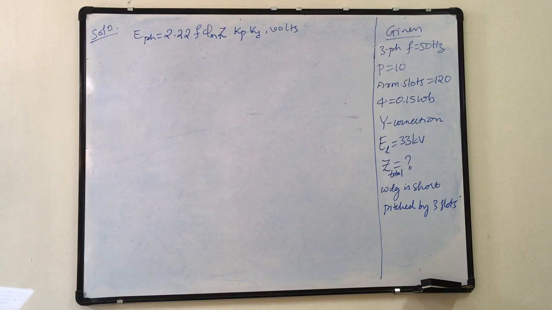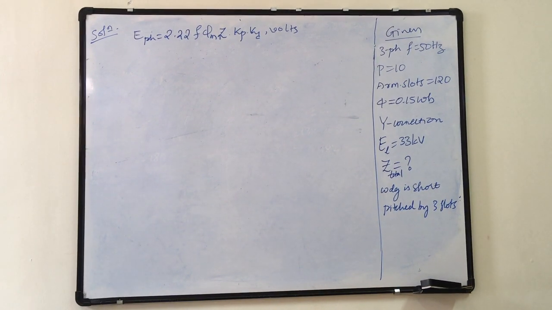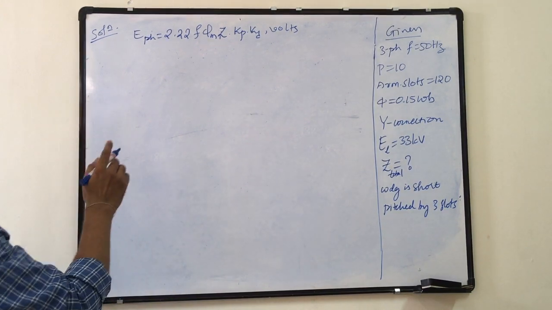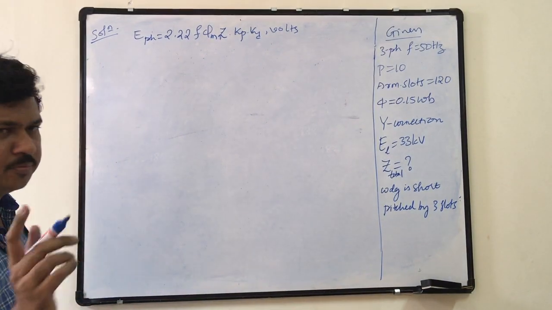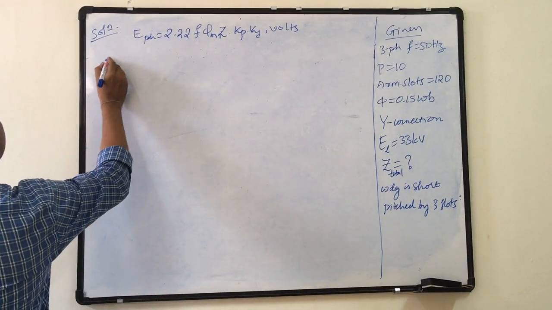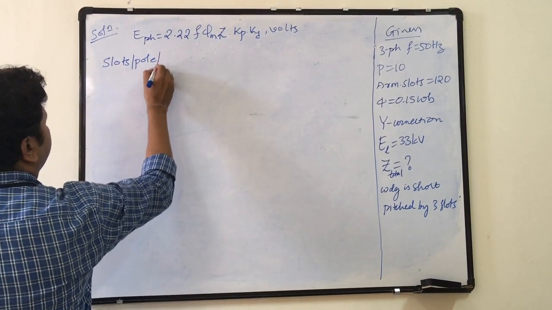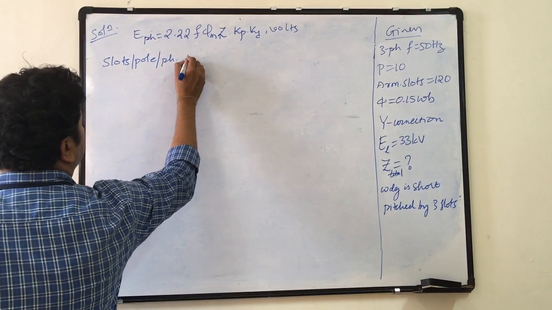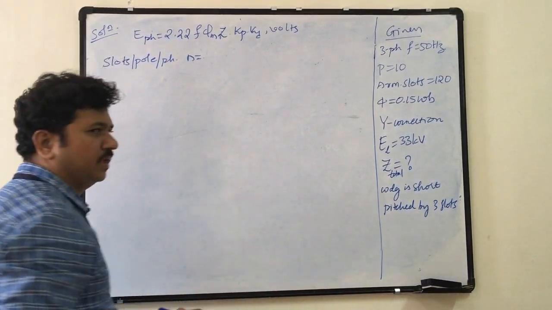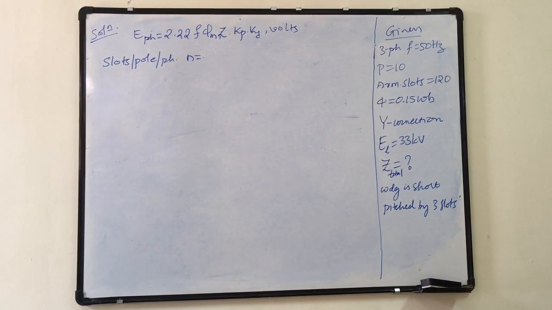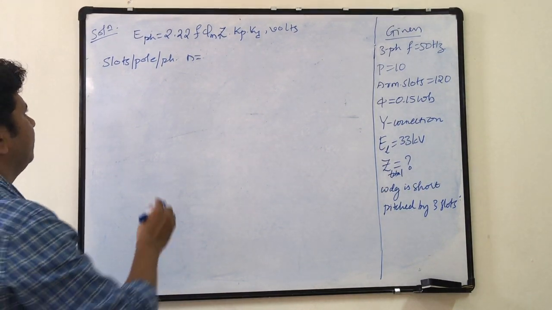So first I should test whether the given winding is a distributed winding or a concentrated winding. For that, I should first find the slots per pole per phase, n. If this comes out to be 1, then the winding is concentrated and take Kd equal to 1.